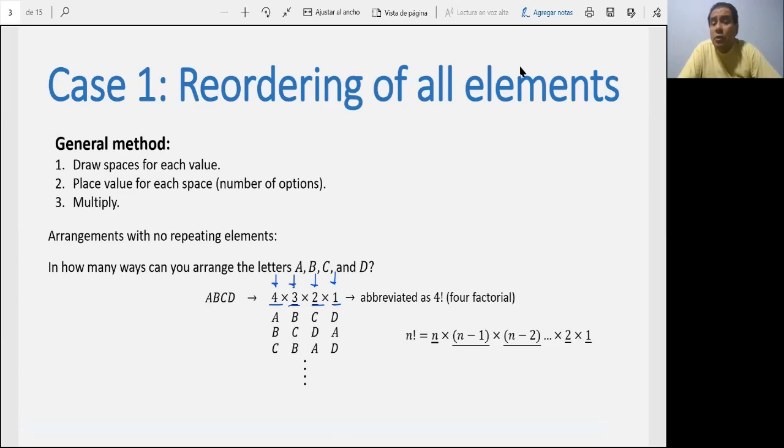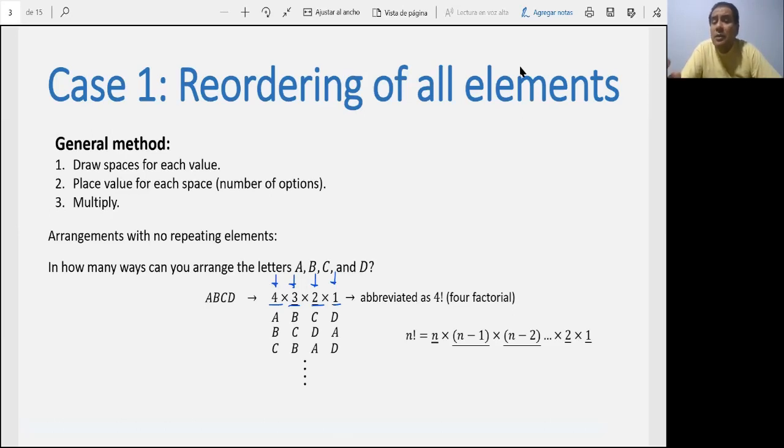After I have chosen the first letter, then I have 3 remaining letters from which I can pick the second letter. After I have chosen a second element, I have 2 elements left over, so that I can pick the third element in 2 different manners.